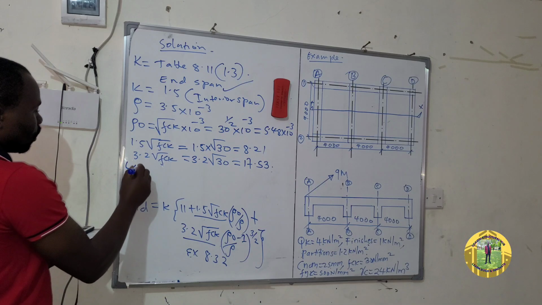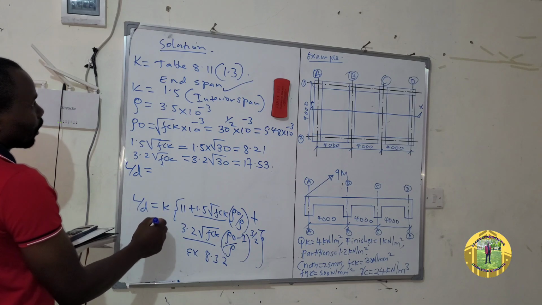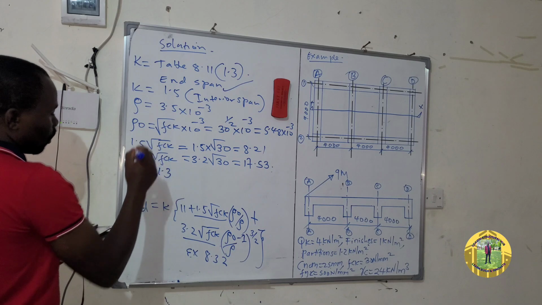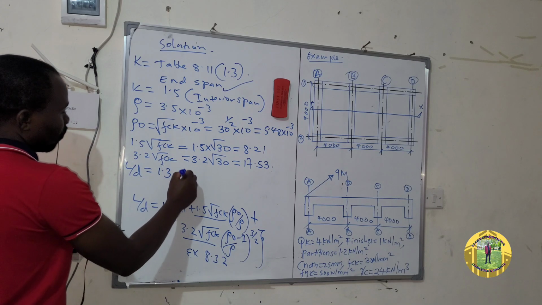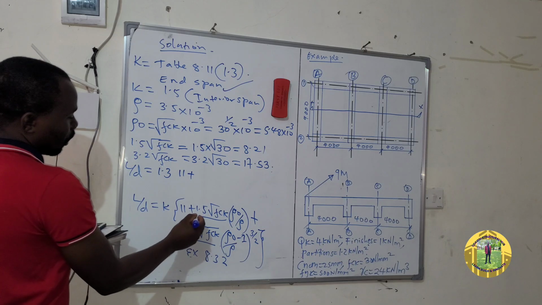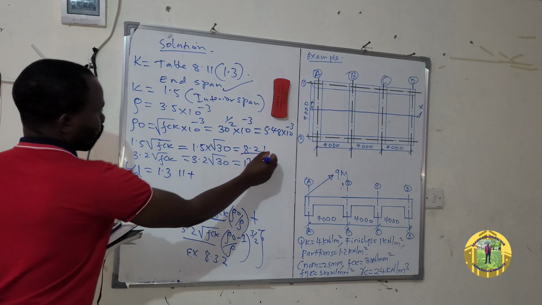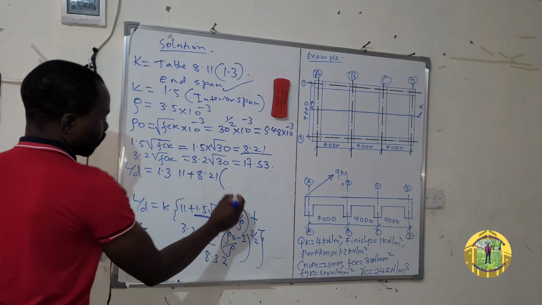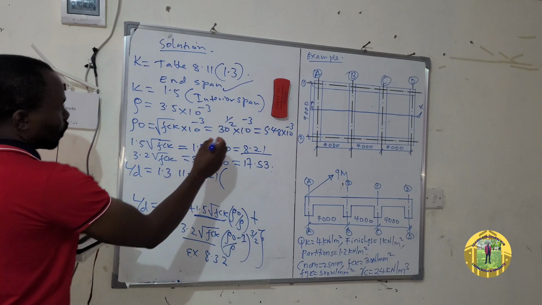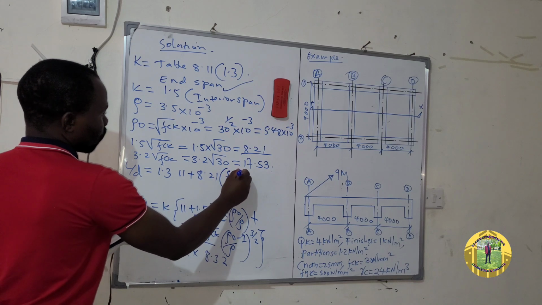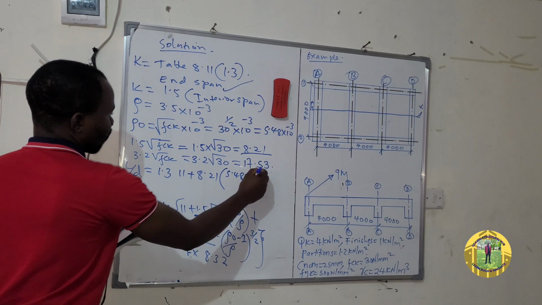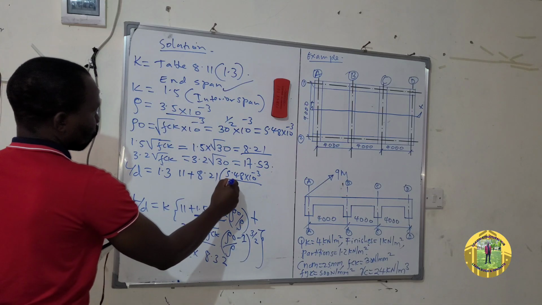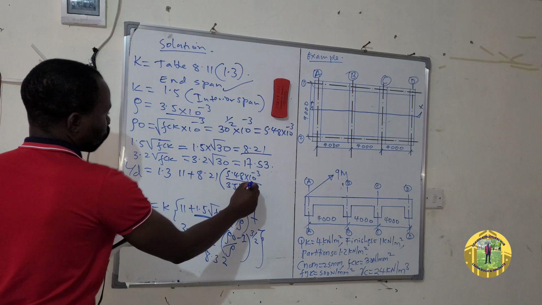Then you can insert these known values into the formula. So L over D is equal to K, as we have said, we'll use for the end span 1.3. Then 11 plus 8.21 into bracket 5.48 times 10 to the power of negative 3 over 3.5 times 10 to the power of negative 3.